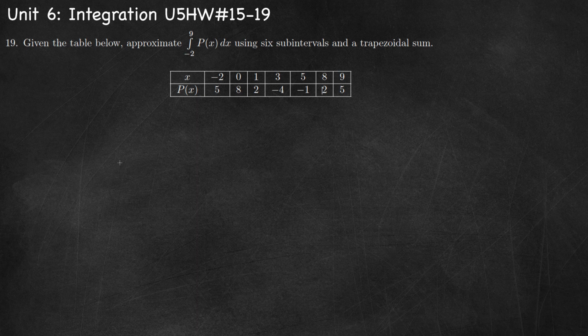using 6 subintervals and a trapezoidal sum. 6 subintervals, so 1, 2, 3, 4, 5, 6. Trapezoidal sum. Let me draw that differently. I like to make them look like trapezoids when I'm doing a trapezoidal sum.